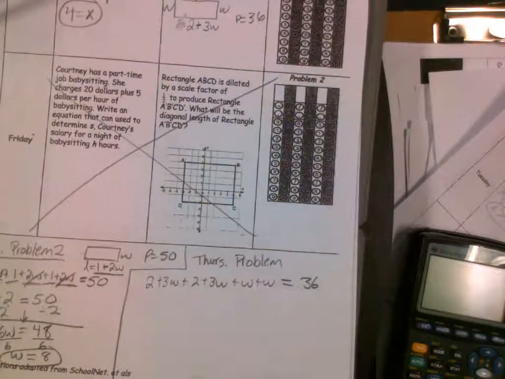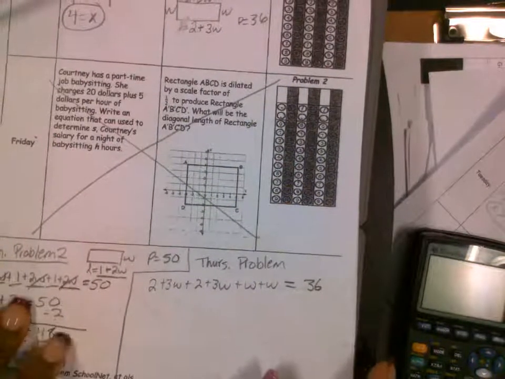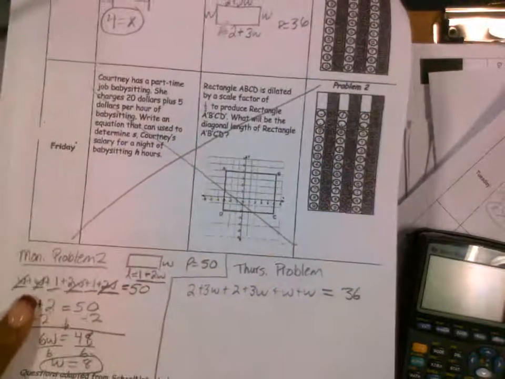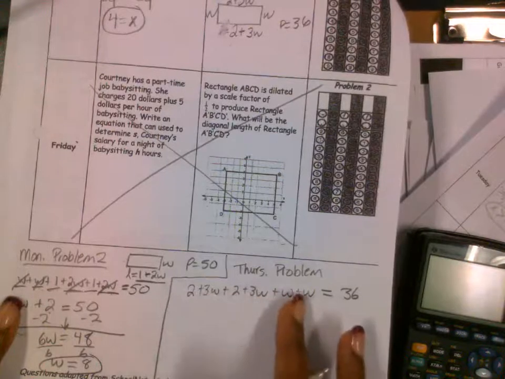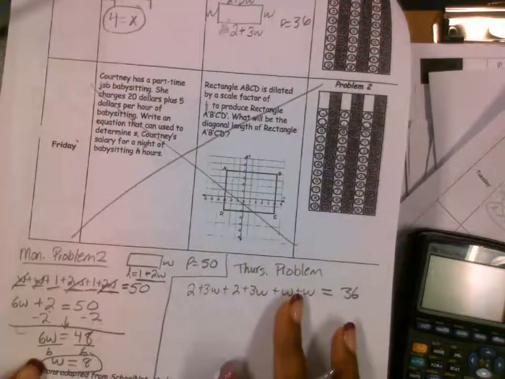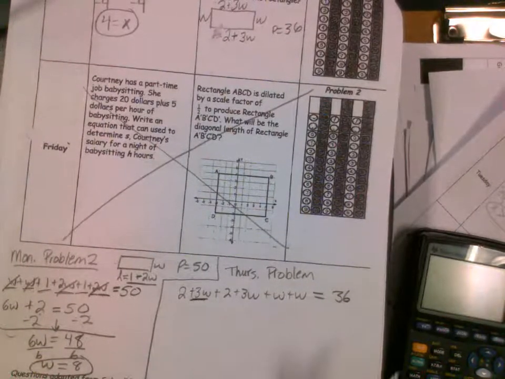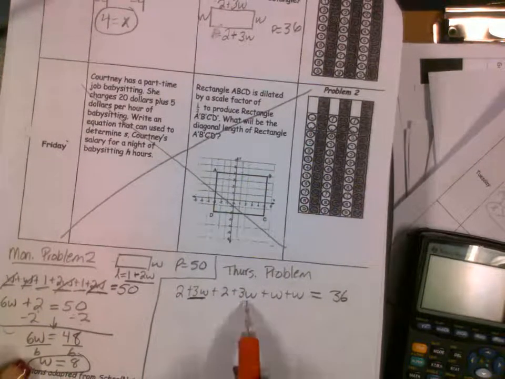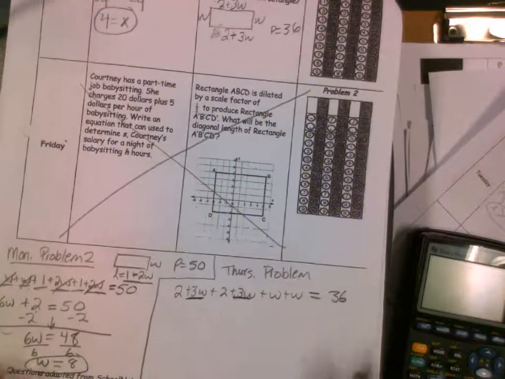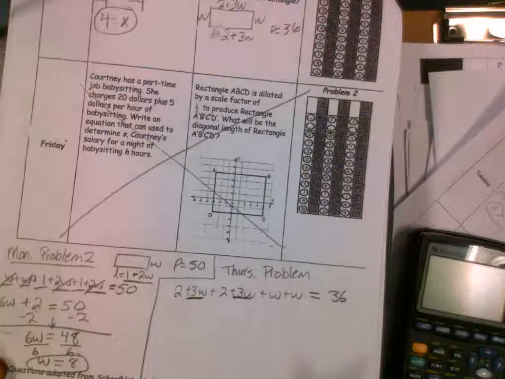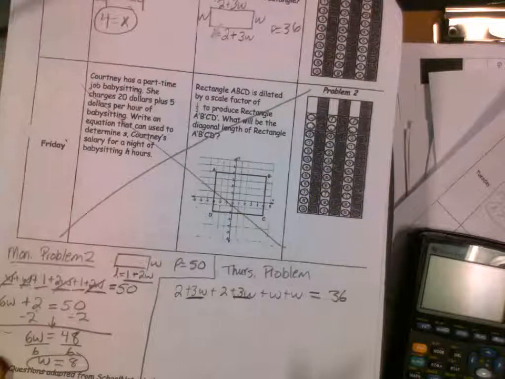So now, we're going to do the same thing that we did last Monday. We're going to add all of these terms together, combine like terms. What terms can we combine with 3W? What other terms are like it?